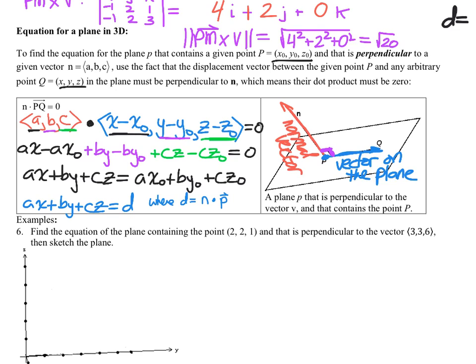Not so good with the grammar, but hopefully I got that idea across. Is P the same as P? No, just the p. Because p is x sub o, y sub o, z sub o. So if I were to create a vector to point p from 0, it would be vector p is x sub o, y sub o, z sub o, just with the triangular brackets on it.